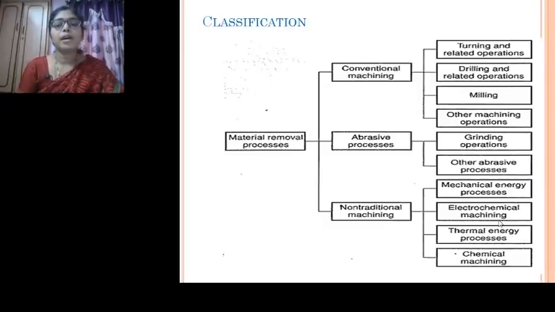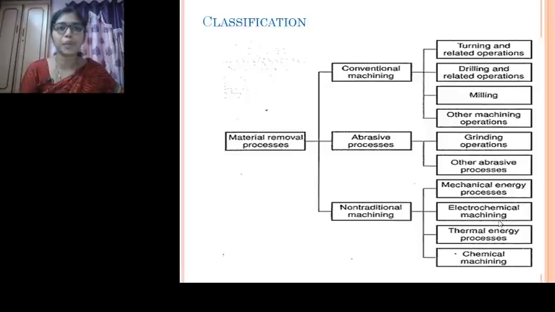Whereas in a conventional machining process, we use only mechanical energy to remove the material from the surface. That is one of the differences between conventional and non-traditional machining process.